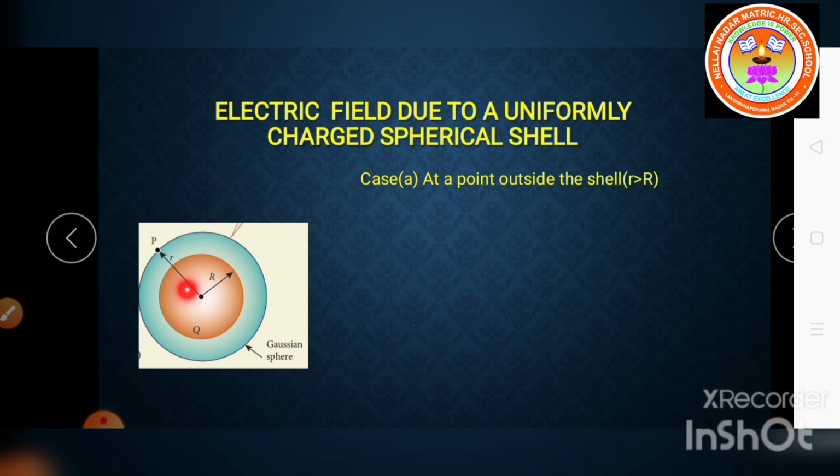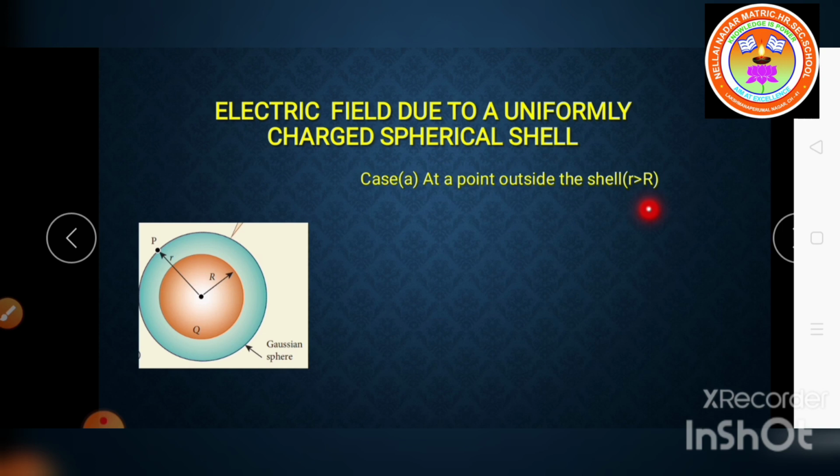So, by using Gauss law, we can see the first case, at a point outside the shell. Outside the shell means the distance r is greater than R, where capital R is the radius of the sphere.